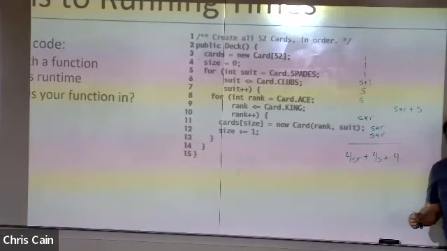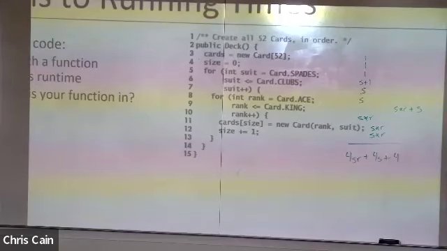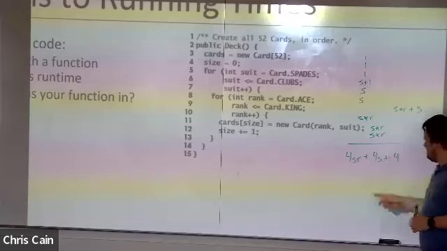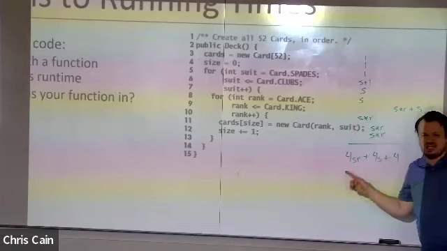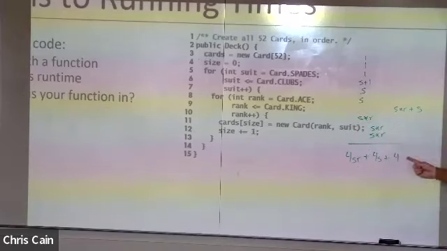Now the real question, is this linear or quadratic? Yes, so if suits is something that can vary, if you see something at the very top that says num suits, a static num suits equals 4, that can't change.